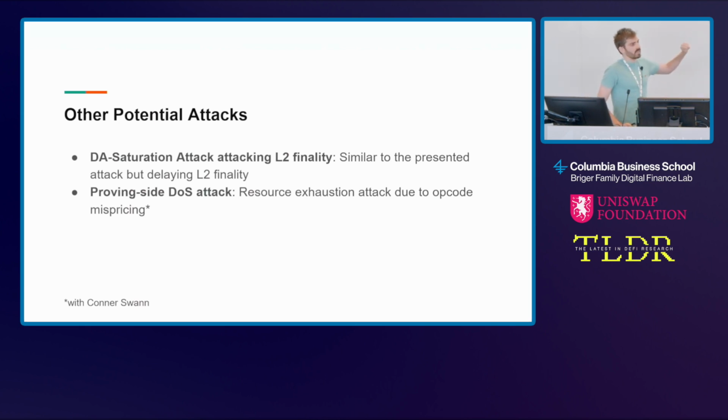The attack idea there is pretty similar to this one, but the goal is a bit different, and what the rollup is doing in its TFM is different too. And we also have been working on proof-side denial of service attacks, where basically we have a traditional resource exhaustion attack due to opcode mispricing in the L2s, and we are doing that in collaboration with Connor.